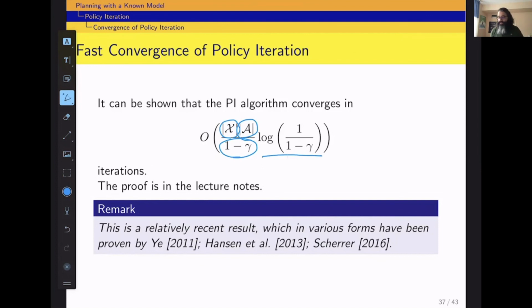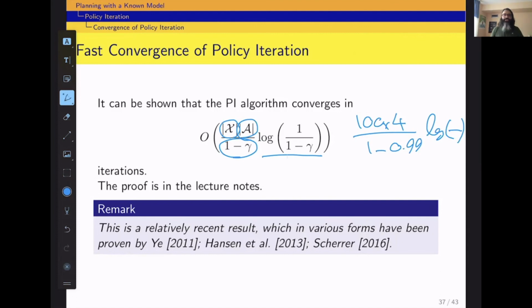In the previous example, we had 100 states times 4 actions, and suppose gamma is 0.99. It would be 400 times 100, so 40,000, much better. And in practice it probably solves it in 5, 10 iterations.